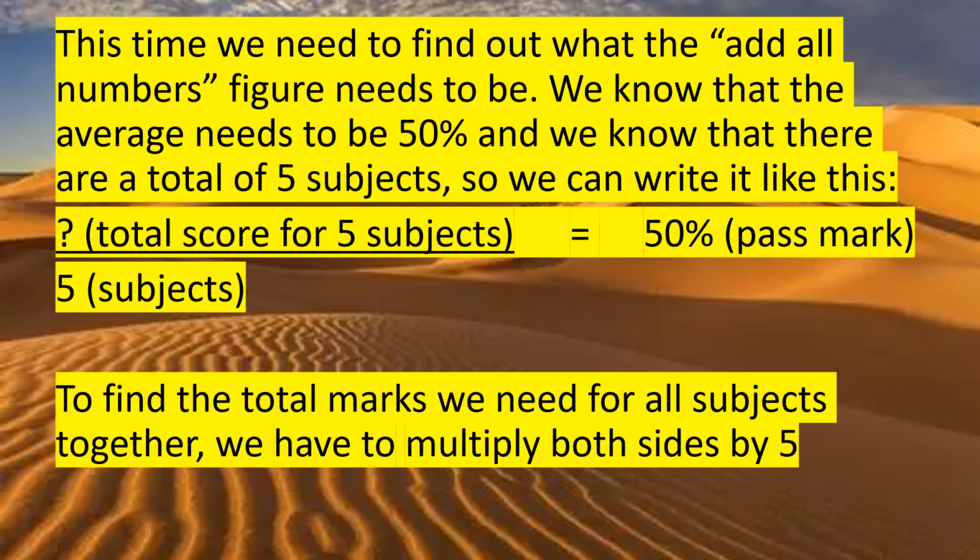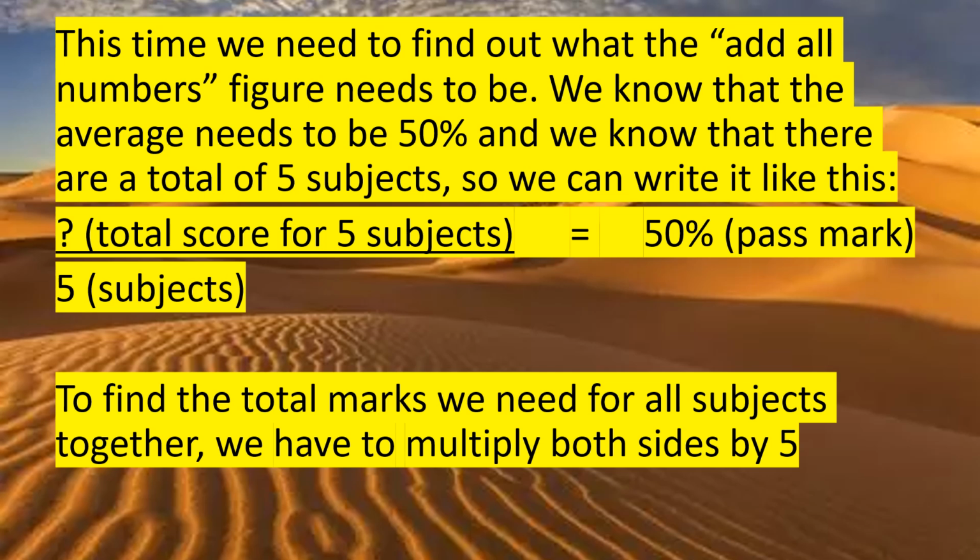We know that the average needs to be 50, and we know that there are a total of 5 subjects. So we can write it like this. Question mark, what does the total score for the 5 subjects need to be? On the bottom we have 5 for the 5 subjects, and on the right equals 50% pass mark.